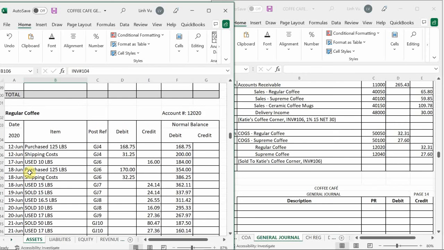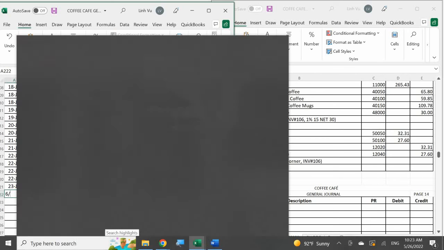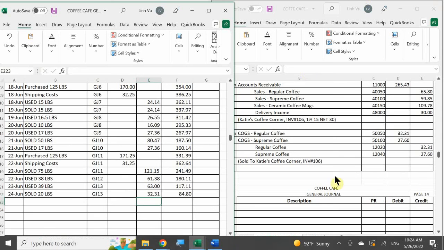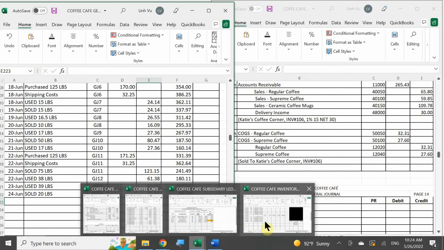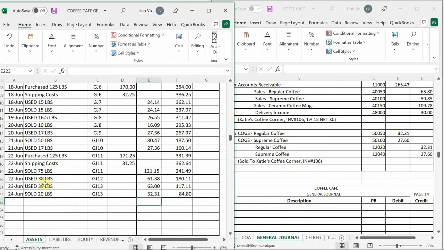So here's my regular coffee. Okay. My regular coffee, I sold 20 pounds for $32.31. So that should leave me with $84.80. Let's see if that is true. $84.80. Yes, it is. Okay.